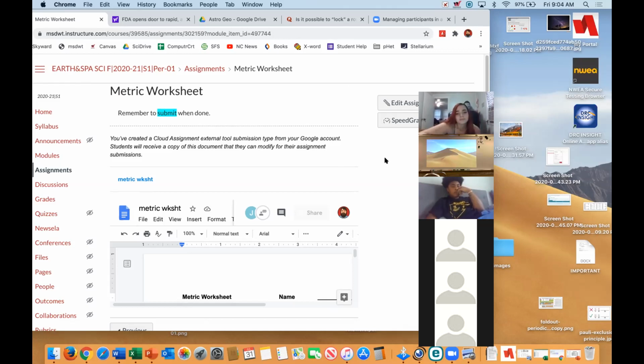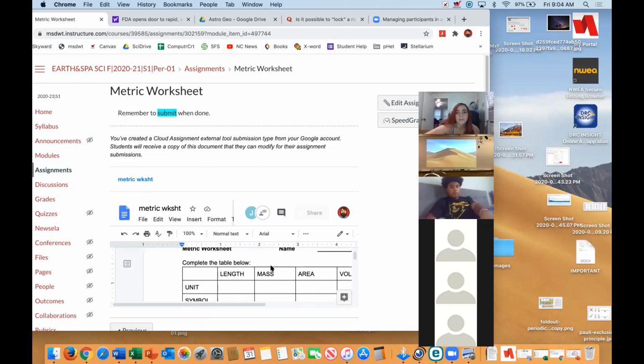I'm not seeing anybody saying they're having trouble. Hopefully everybody is getting in there. So notice on my screen, it's really small and hard to see.